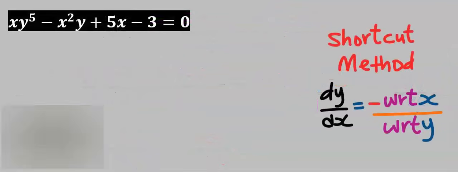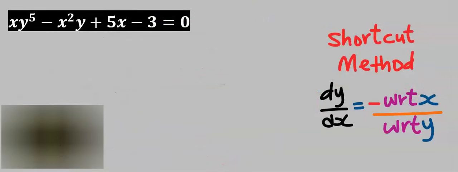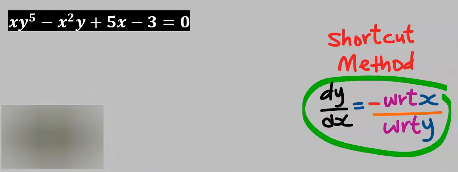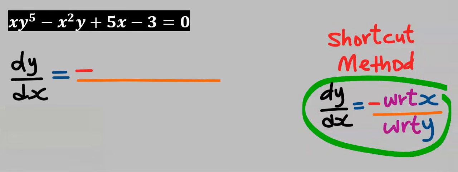Next, alternatively, using the shortcut method and applying this formula, at the numerator, we're going to respect x for each variable. Let's differentiate x here is going to be 1, but we're going to ignore y to the power of 5.